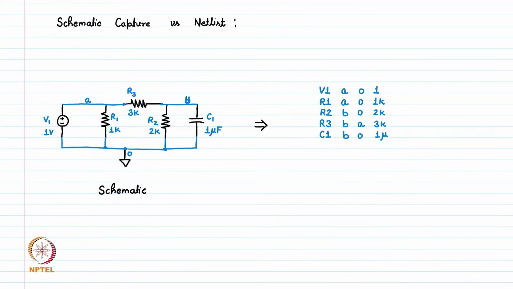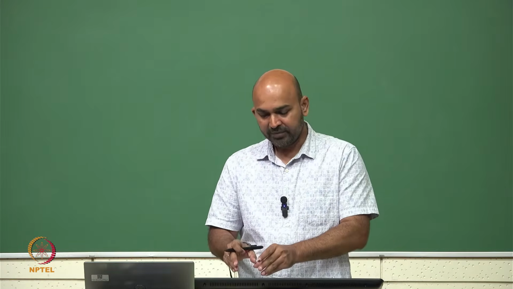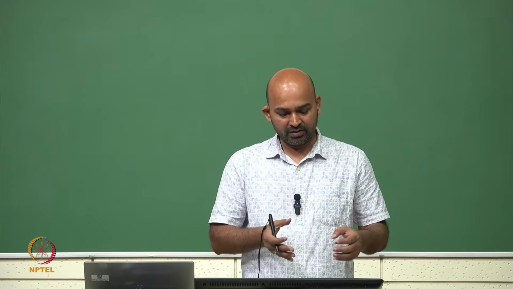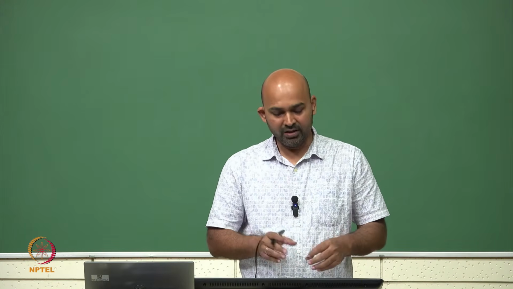So, this is the textual representation of our circuit, which is given on the left, which have so many components connected together, making some nodes and branches. The same circuit, if we want to represent in terms of text, we can write like this, and there is SPICE software available which can do it internally. We need not write it by hand.